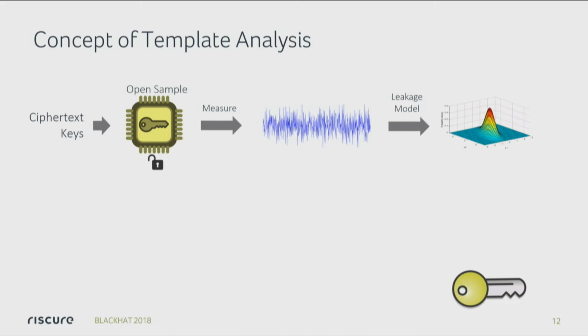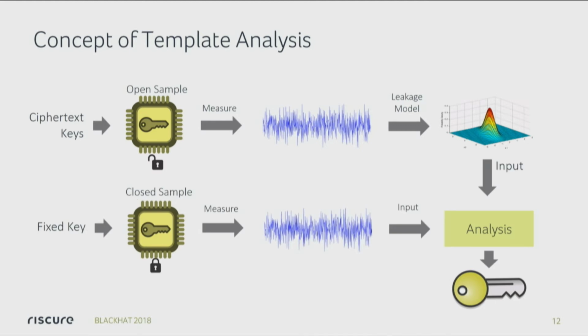So when I say template analysis, the basic process is that I want to take a device for which I can program the key, and build these templates, which are basically models that relate these intermediate values to the power usage. And then once I get either the same device but maybe a different app, or another device with the same chip, I can apply my learned templates and learn what the actual key is.